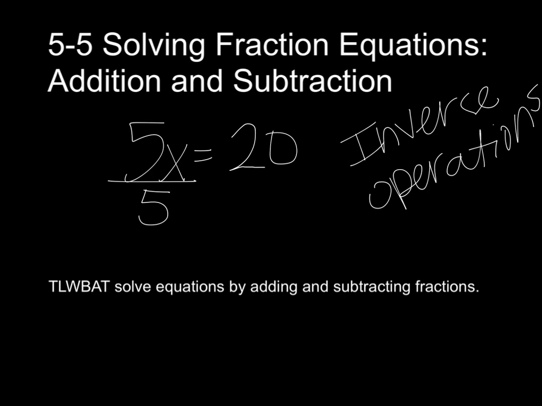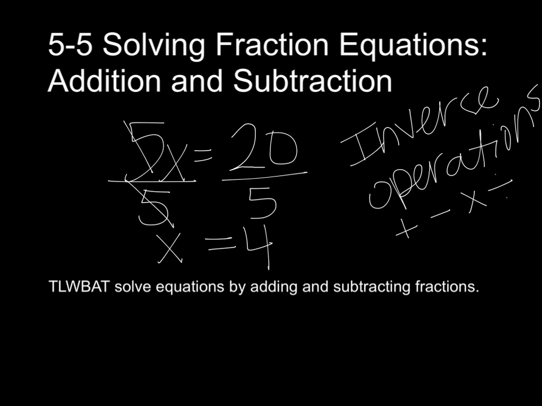Remember, our operations are adding, subtracting, multiplying, and dividing. Those four operations we have there. So if I did it to one side, I'd do it to the other, divide by 5, and I would get x equals 4, because my 5s would cross out, and if I did top divided by the bottom, I would get a 4.